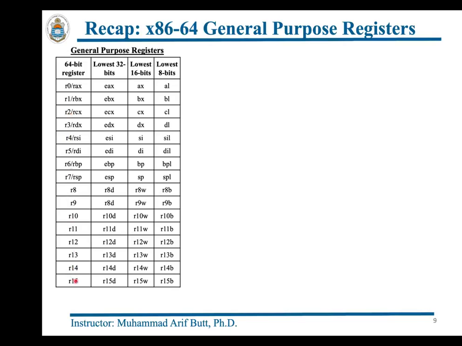Dear students, to maintain backward compatibility of programs written for 8086, 80286 and 80386 processors, and to access the lower bits of these 64-bit registers, Intel has used a special naming convention. For these first four registers, R0, R1, R2 and R3, we can use the names RAX, RBX, RCX and RDX as well.